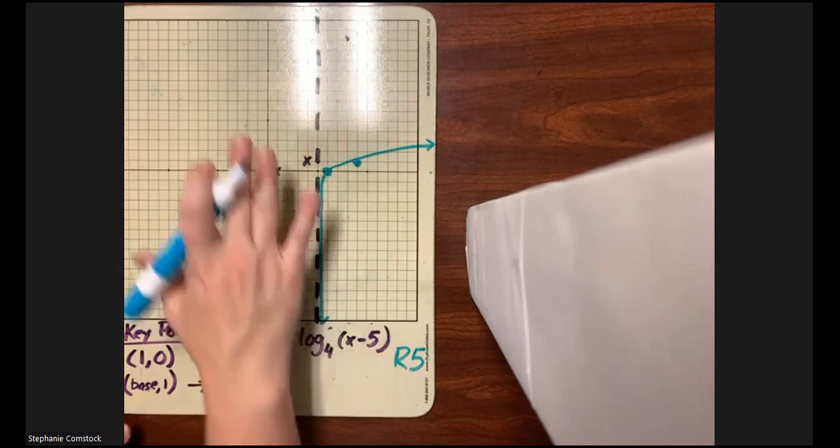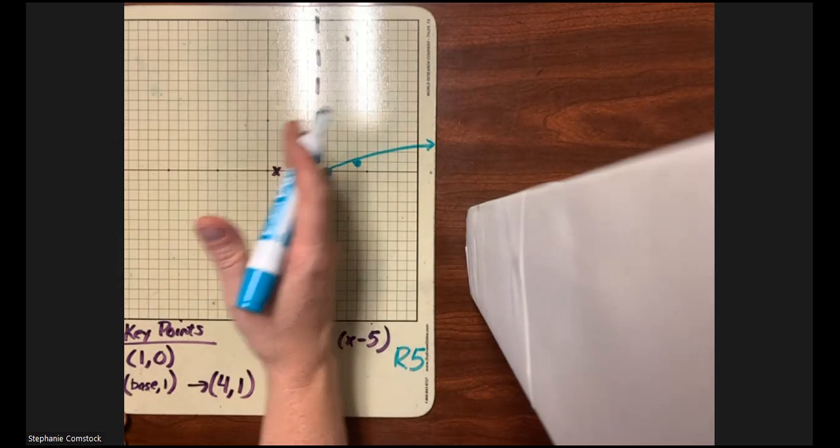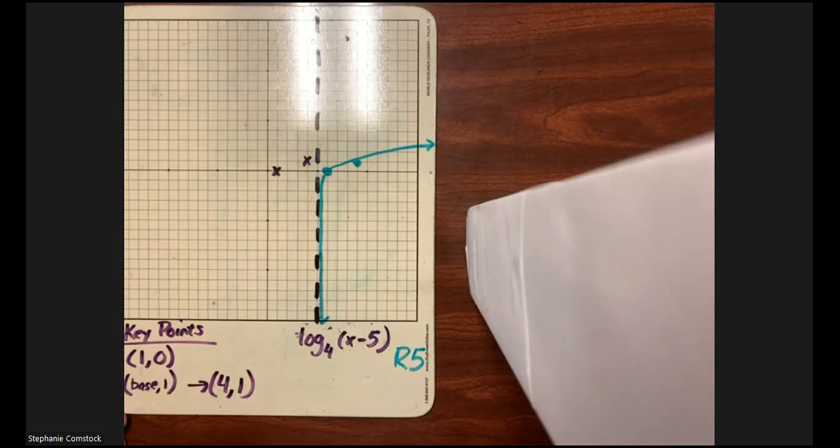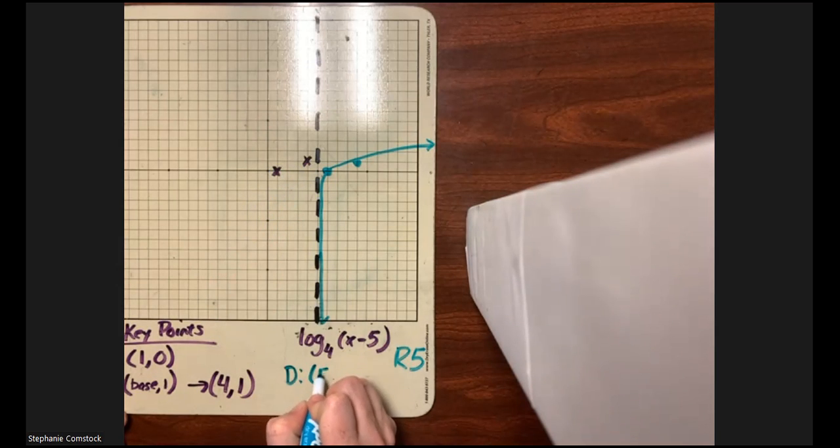Now, once I utilize this, I can see that my domain is everything on this side of the vertical asymptote. So my domain would be at 1, 2, 3, 4, 5. So it's to the right of 5, and then it's headed out towards infinity. So there is my domain for that particular graph shape.